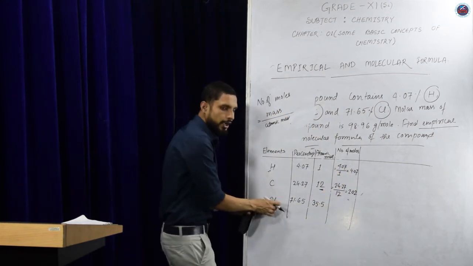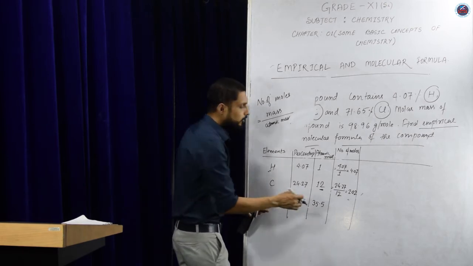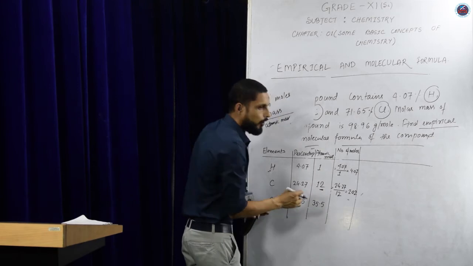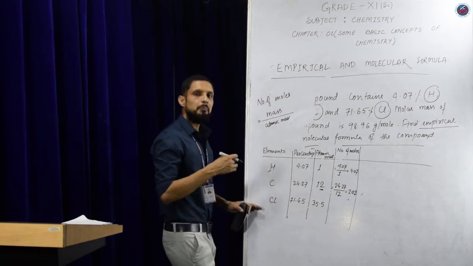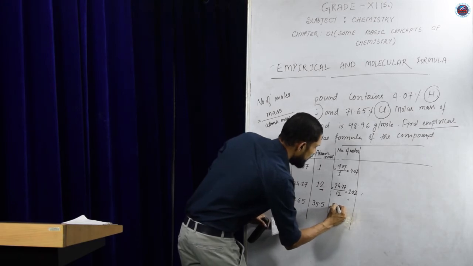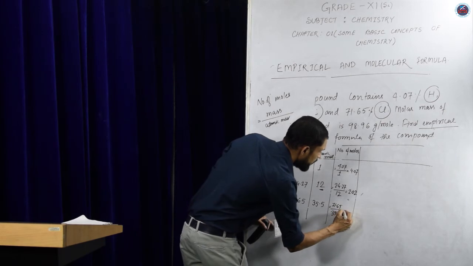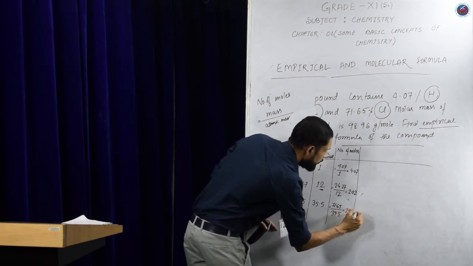Similarly, chlorine, the mass is 71.65, atomic mass is 35.5. So the number of moles of chlorine is equal to 71.65 divided by 35.5, which is equal to 2.02.